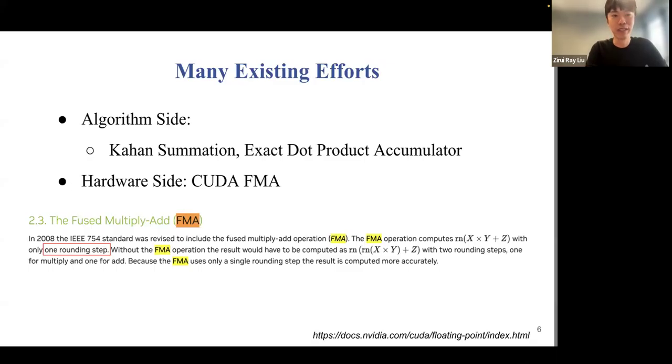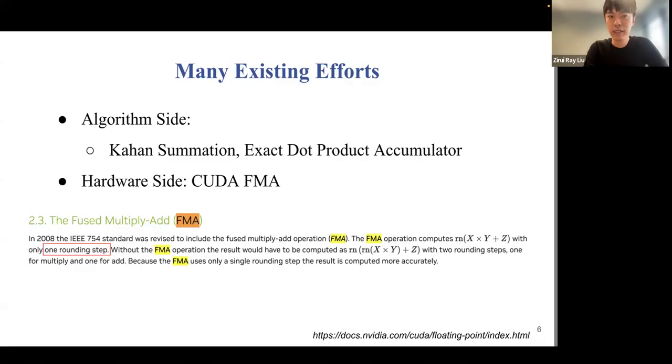That's the easiest way to deal with this problem. But I want to mention that this easy solution is not suitable for machine learning, because machine learning models are already too big. Let alone double precision, even with floating point 32 precision, the cost of doing inference or training is not acceptable.